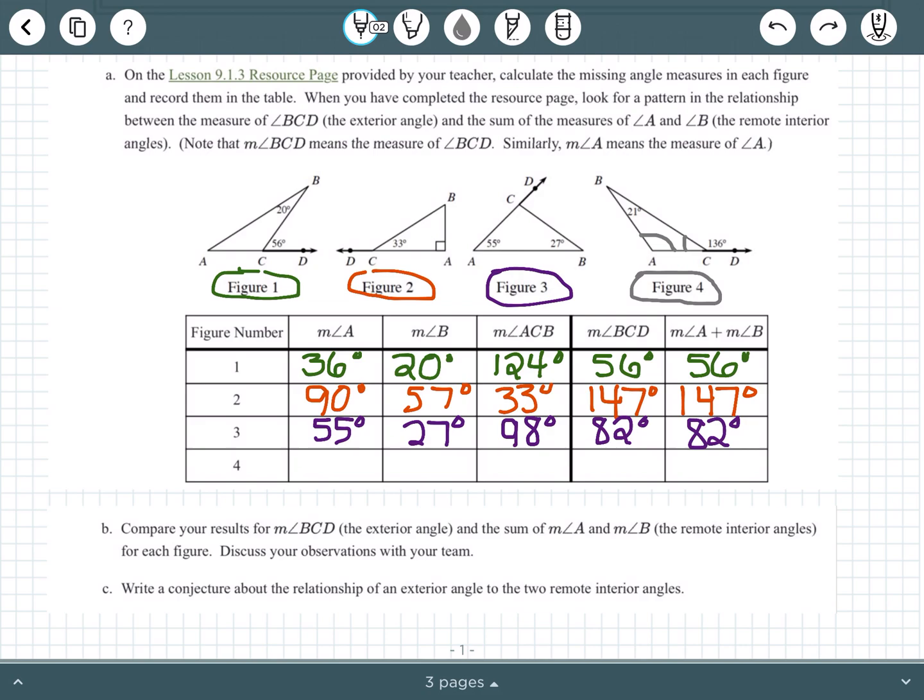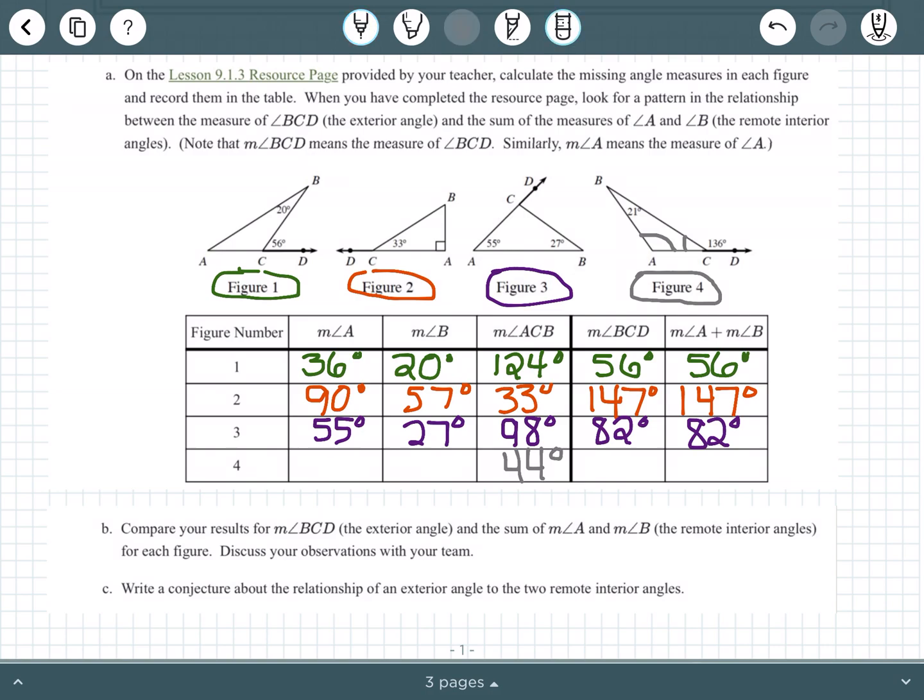So I'm thinking instead of finding A first, what I'm going to find is my measure of angle ACB first. So 180 minus 136 would give me 44. So that angle is going to be 44 degrees.